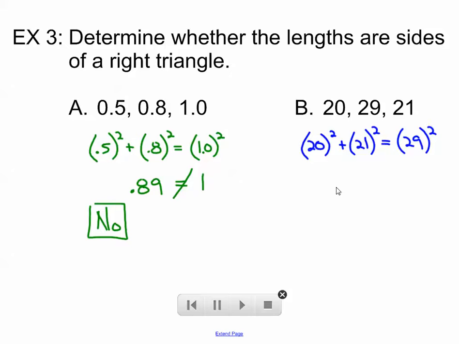Don't just assume that 20 goes here and 29 goes here and 21 goes here. The longest side has got to be the hypotenuse. So 20 squared plus 21 squared is 841. 29 squared is also 841. So yes, these are the sides of a right triangle.